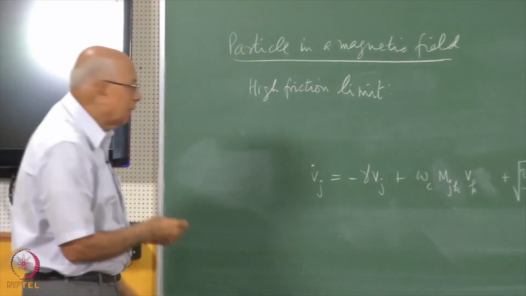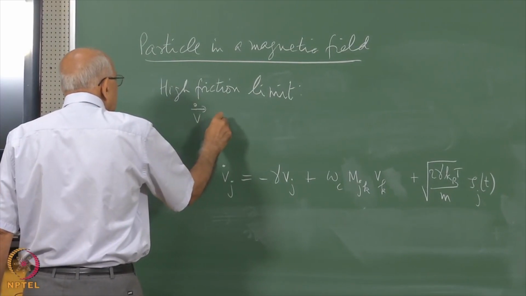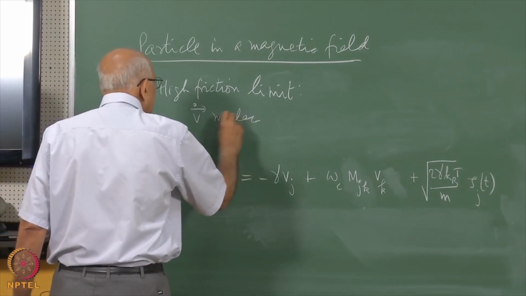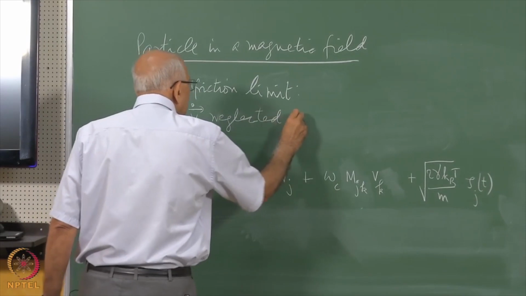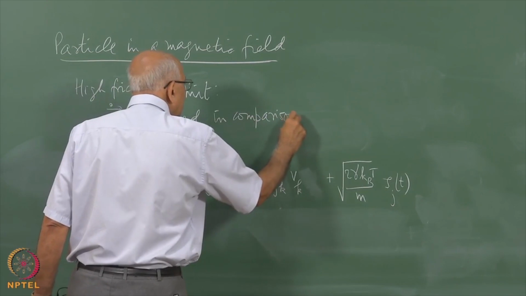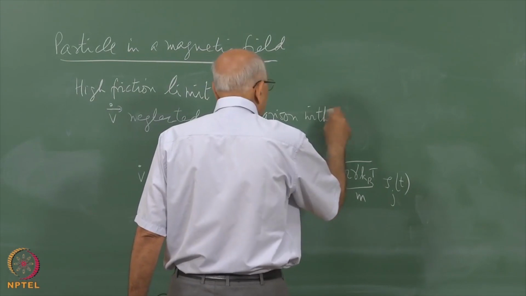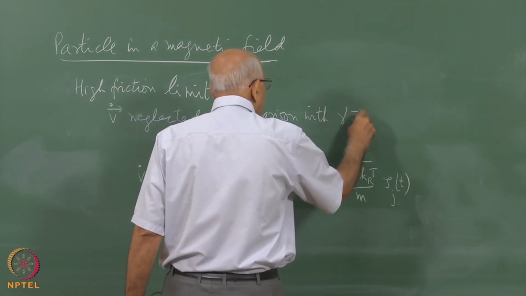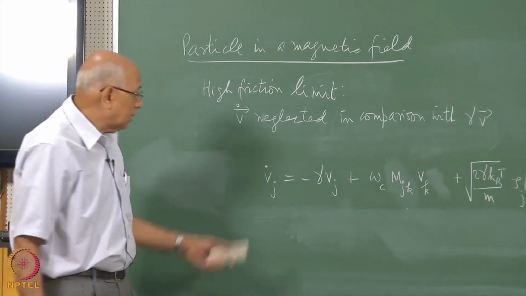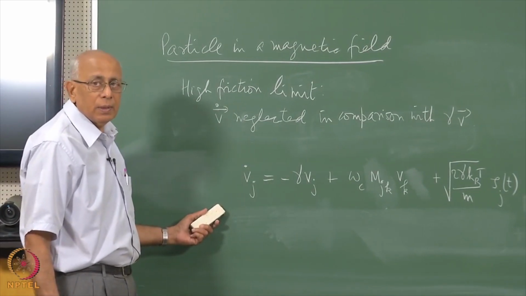In the high friction limit, you are going to neglect v dot in comparison with gamma v. So we go back to this equation and say let us neglect this term compared to that, okay, and I bring this to the left hand side out here.